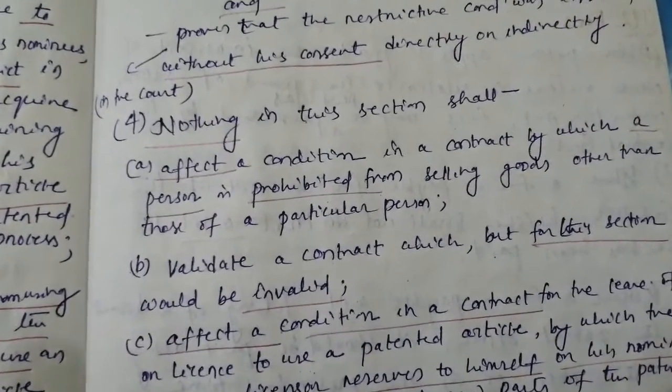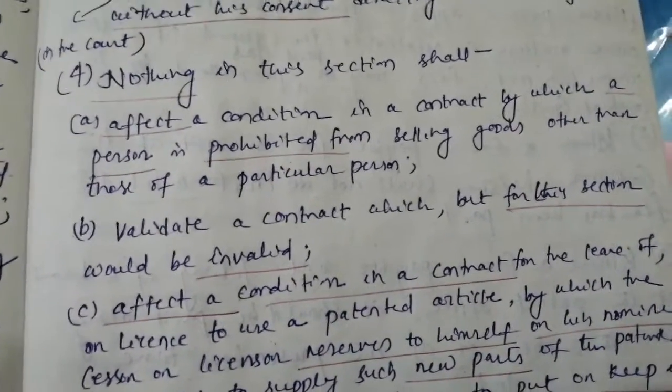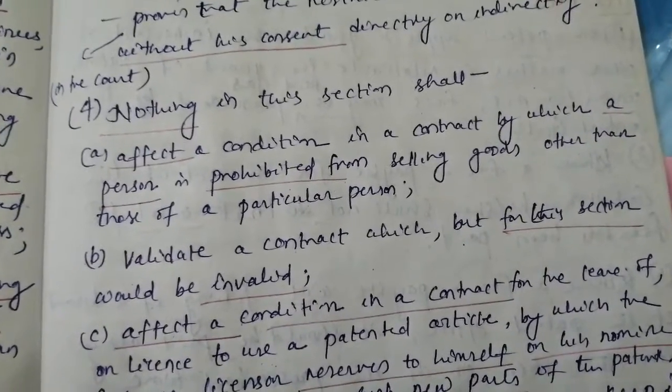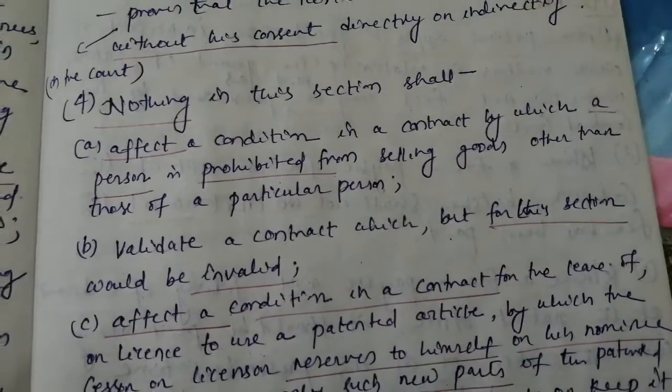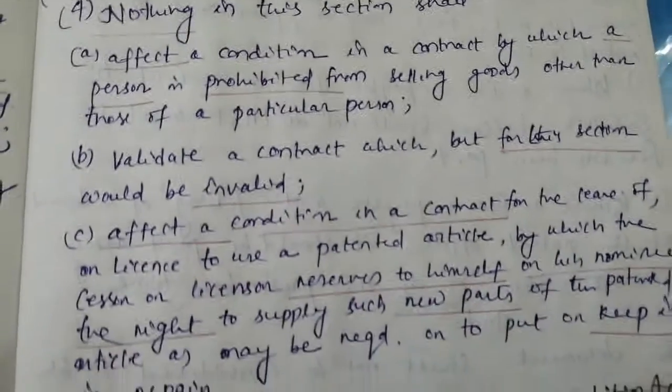So subsection 4 says nothing in this section shall affect, A, a condition in a contract by which a person is prohibited from selling goods other than those of a particular person.